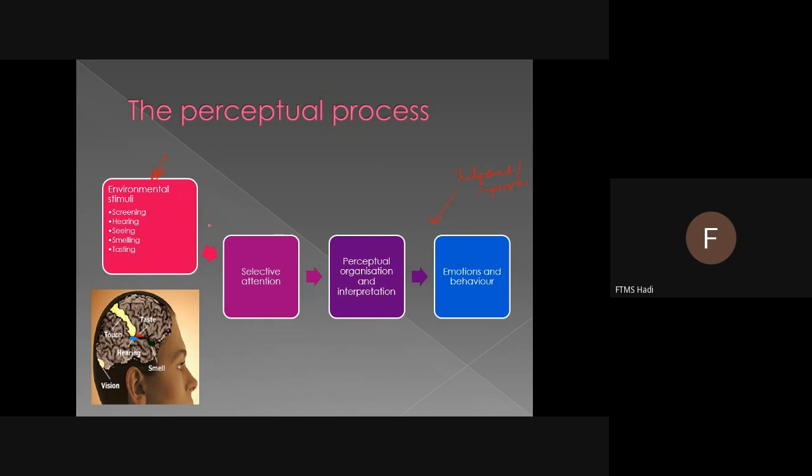And then after that, once you get the information, you get selective attention, because it triggers you to feel that you want to make a judgment from that information that you have. Then you make an interpretation.